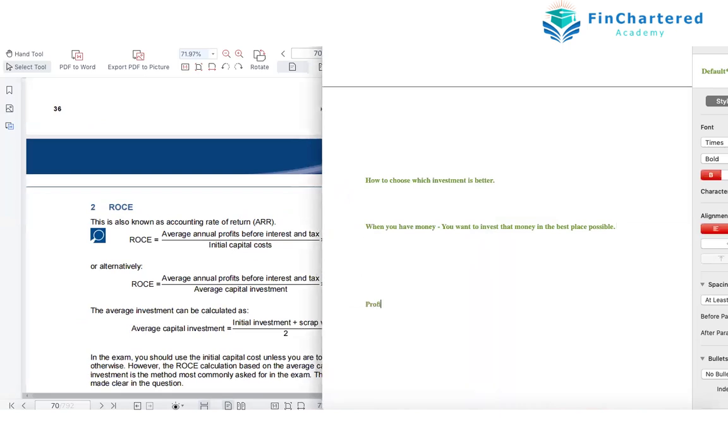Again, project 1 gets me a profit of 500 rupees. Same example. Project 1. And project 2 gets me a profit of 600 rupees. Which project will we invest in?